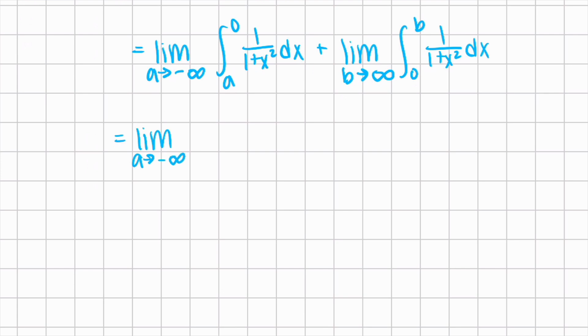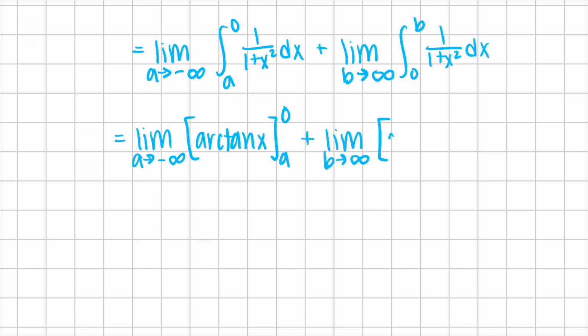So the integral of 1 over 1 plus x squared is actually inverse tangent. So this is arctan of x evaluated from a to 0 plus my other limit of arctangent of x, now from 0 to b. So I'm going to plug in.